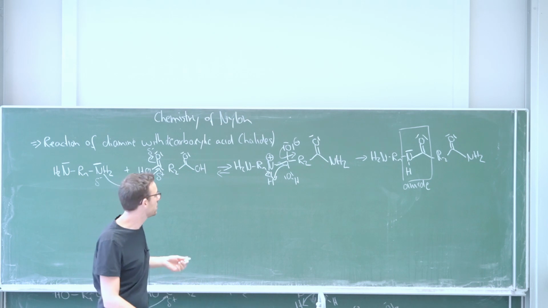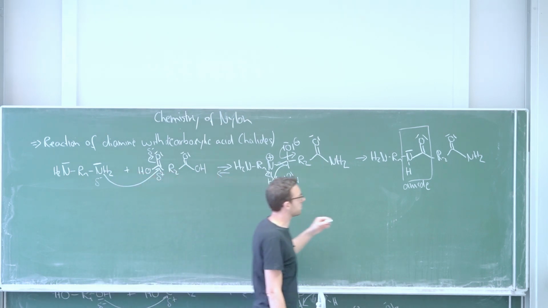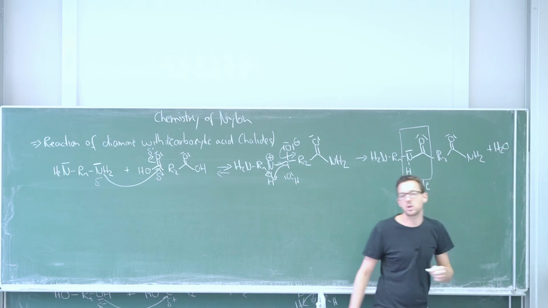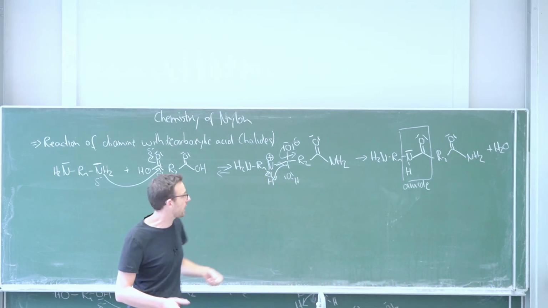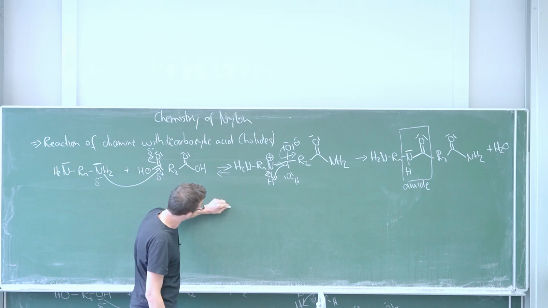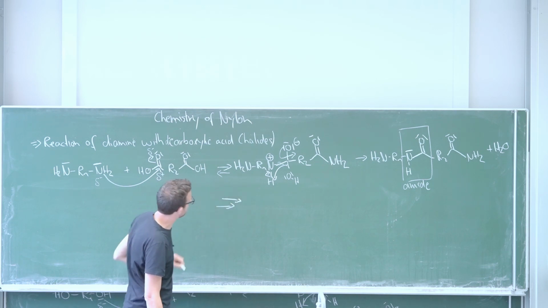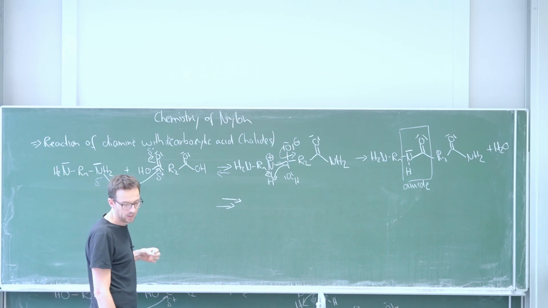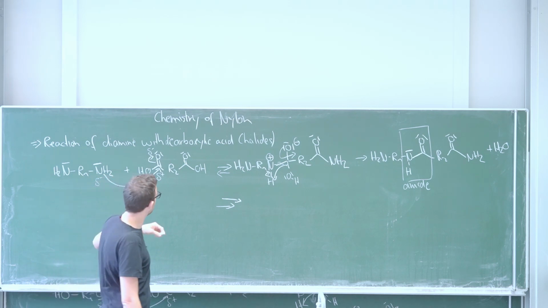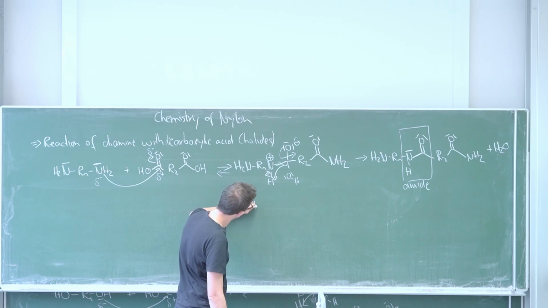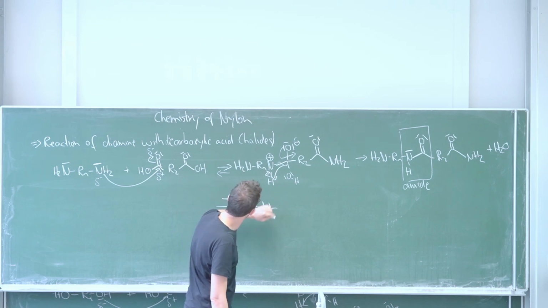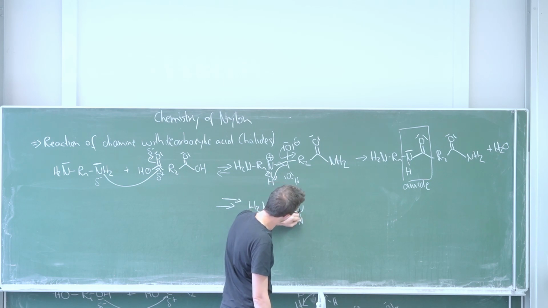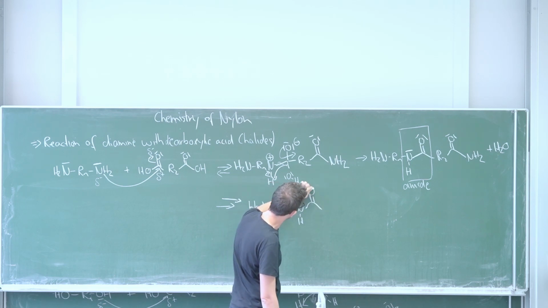And of course, what we also have here is a water molecule. So now we can force the reaction more and more to propagate in this direction. And when we do this, we get more and more bonds being formed, and we form a longer and longer chain.